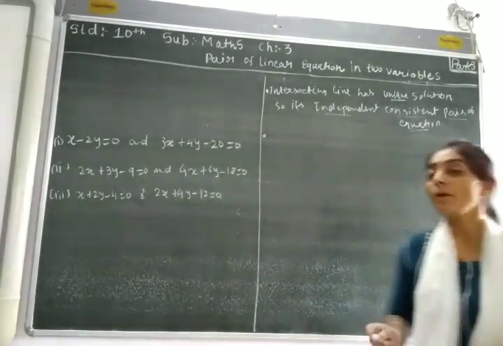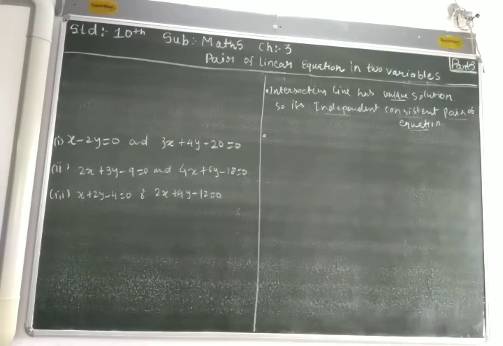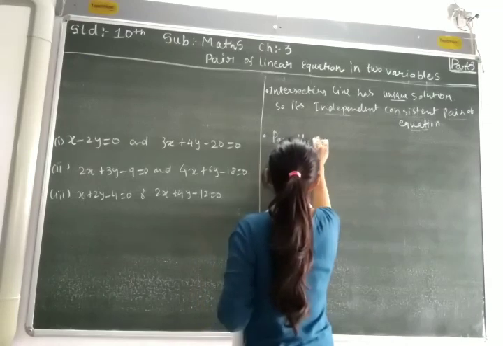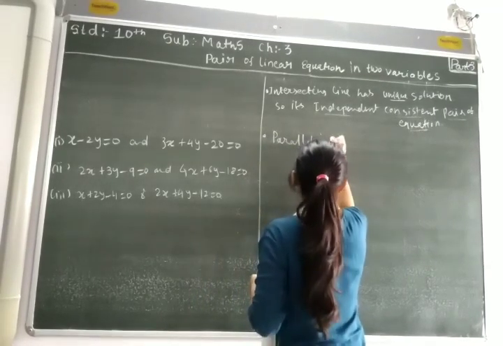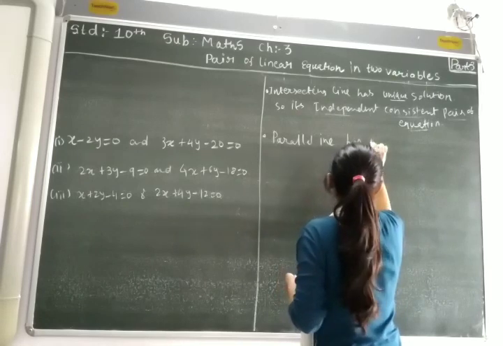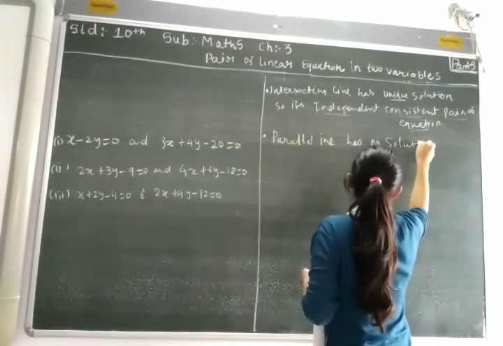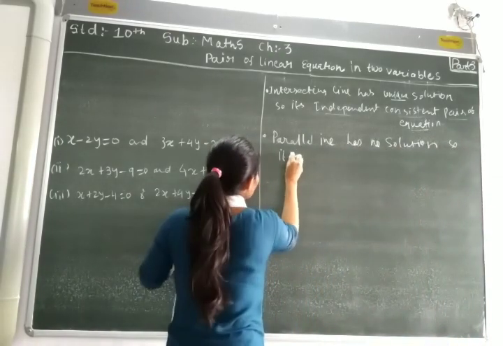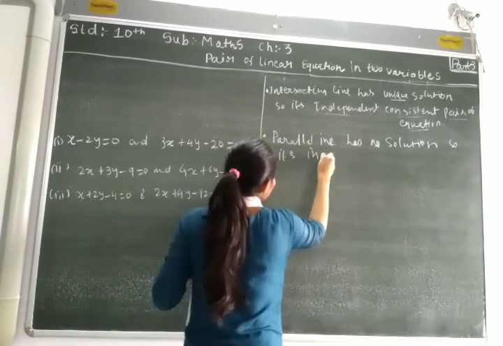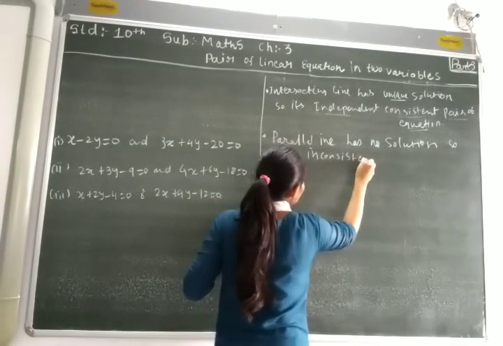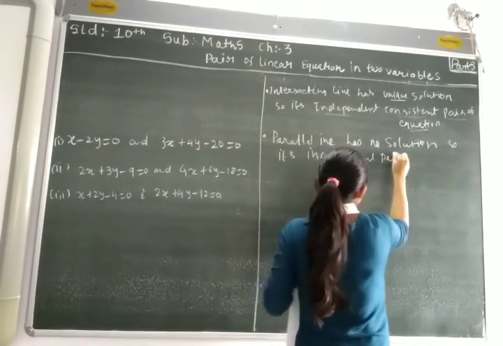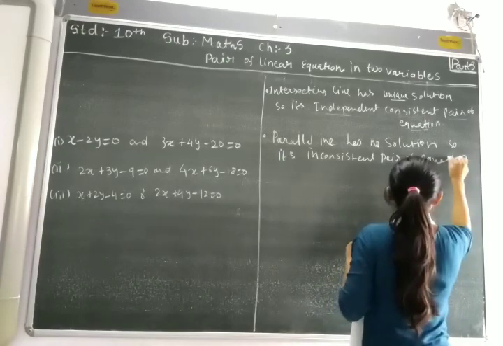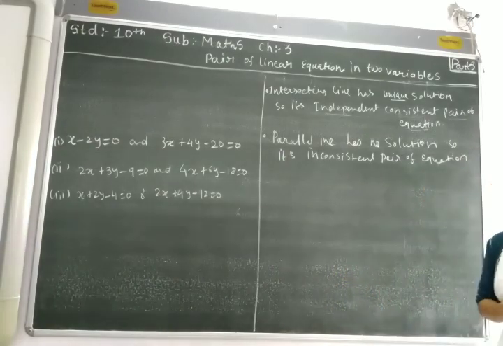So it is an inconsistent pair of equations. Parallel lines have no solution, so it's an inconsistent pair of equations.